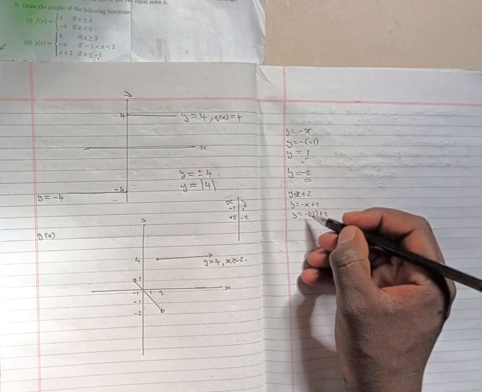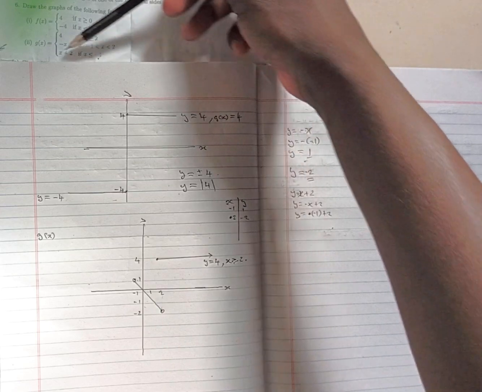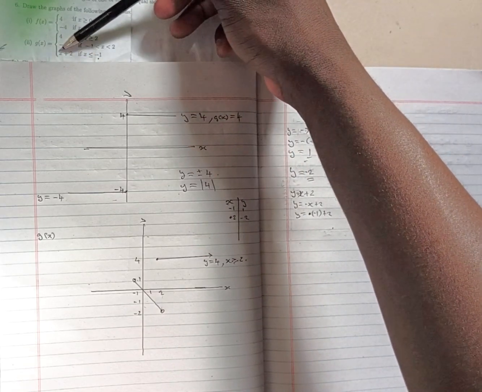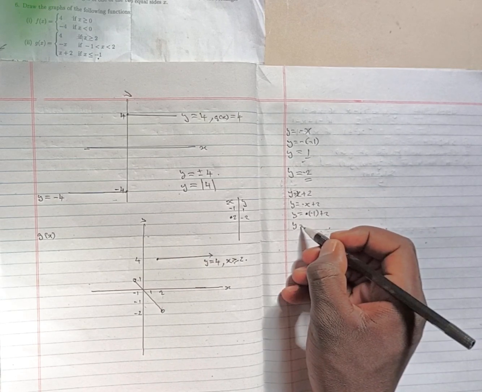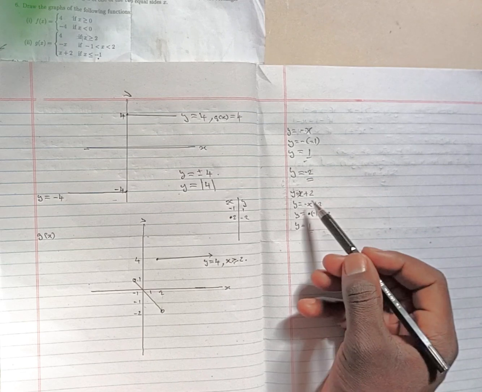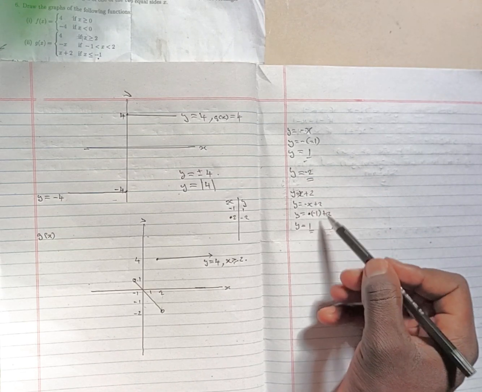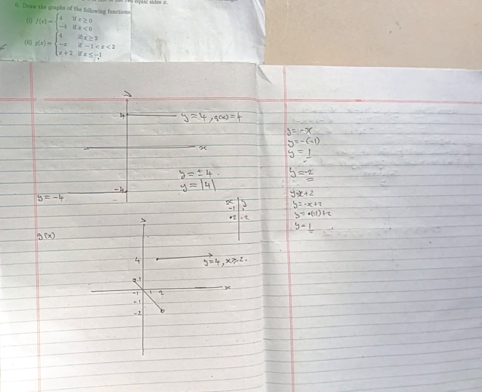I don't have to include this other negative. So it's negative 1 plus 2. In this case, your answer will be equal to positive 1. So where x is equal to negative 1, you have positive 1.